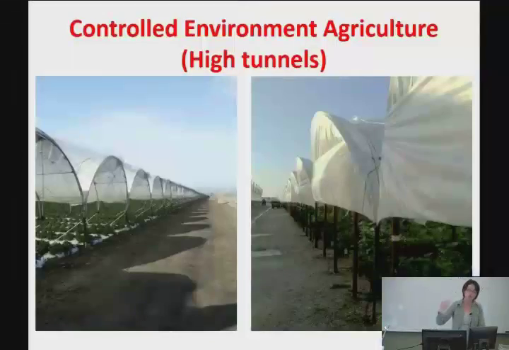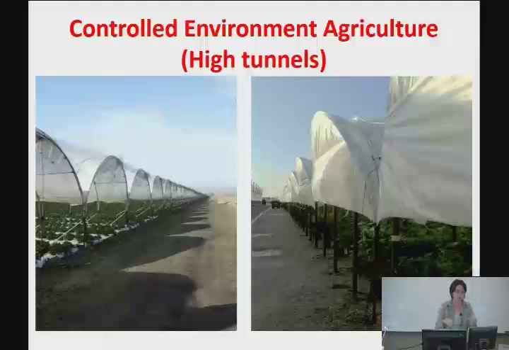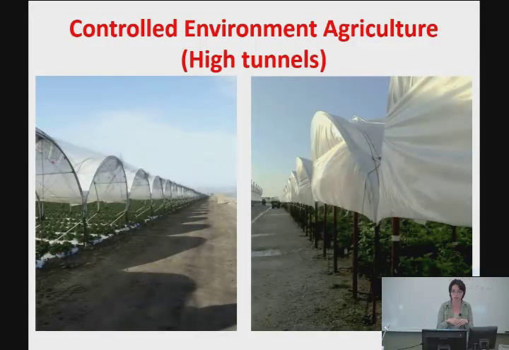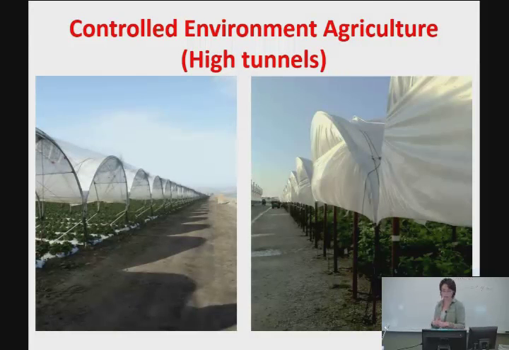All right, a low-tech version, high tunnels. This is a minimum controlled environment, just covering up and maintaining temperature a little bit, protecting from rain and maybe wind. That is actually practiced a lot all over the country. Those pictures are from California.